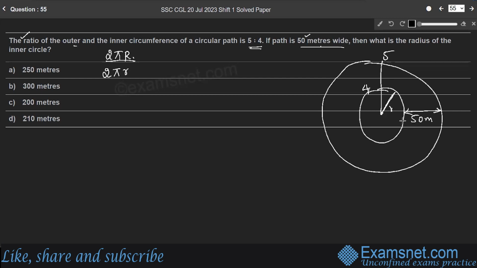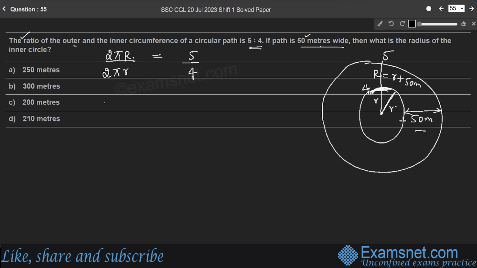Let small r be the inner radius, capital R be the outer radius, right? So outer circumference to inner circumference ratio is 5:4, where outer radius is equal to inner radius plus this width 50 meters. So up to the inner circumference, the value is r plus 50, which gives the outer radius.